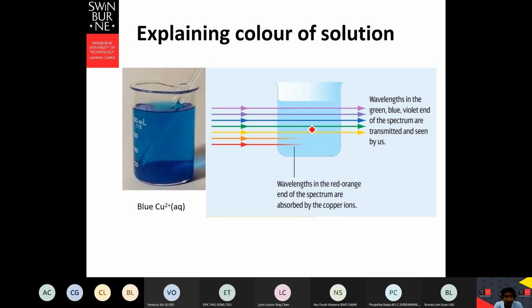So that is the thing: an object absorbs a certain wavelength, and the rest of the light is not absorbed. Our human eye detects only what was not absorbed, the mixture of those, and we see the color based on that.